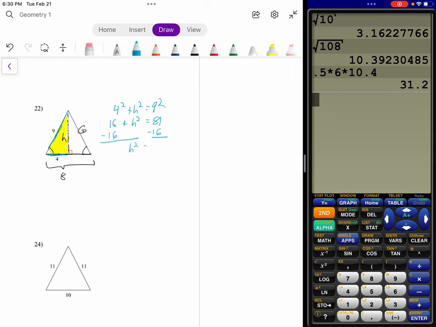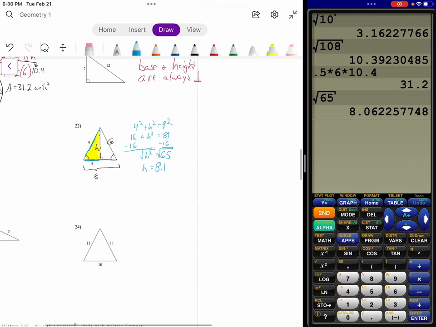So h squared equals 81 minus 16 is 65. We take the square root of both sides. Square root of 65 is 8.1, because we're supposed to round to the nearest tenth.